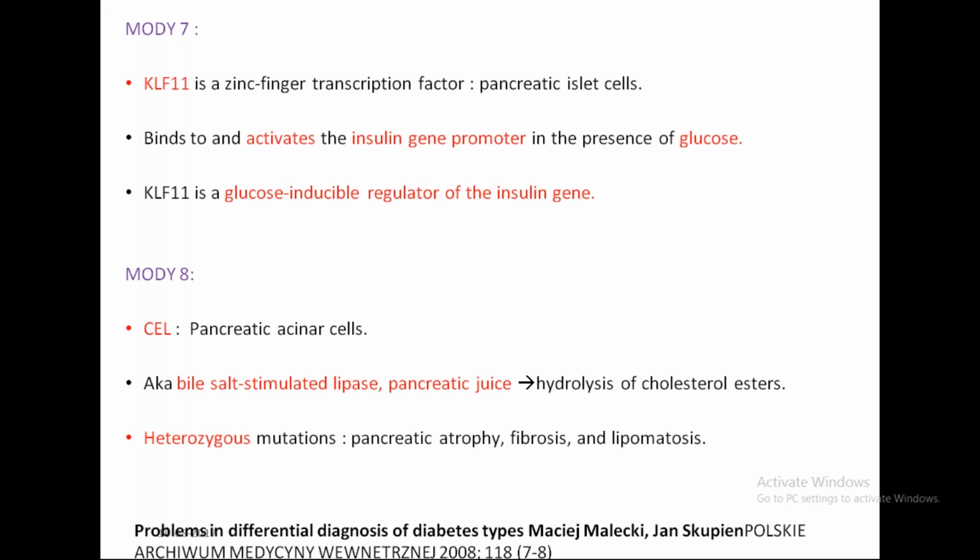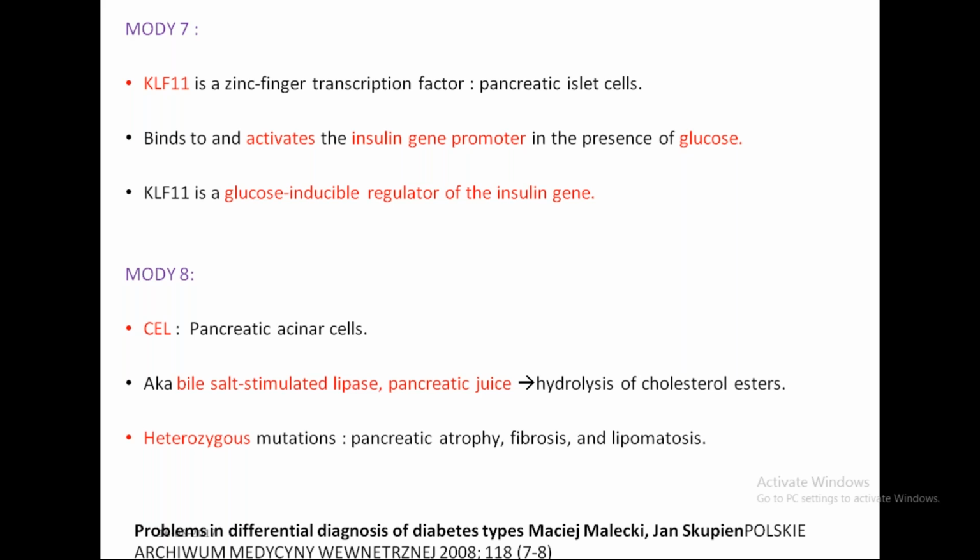Coming to MODY 7, that is KLF11, a zinc finger transcription factor in pancreatic islet cells, which binds to and activates the insulin gene promoter in the presence of glucose. KLF11 is a glucose-inducible regulator of the insulin gene. MODY 8 is the pancreatic carboxyl ester lipase, also known as bile salt stimulated lipase or pancreatic juice.